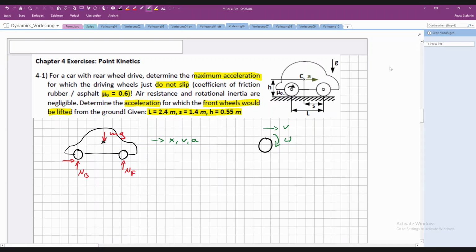In this case, slipping would be that the wheel rotates faster than the car translates. And that's why we should draw the force of friction opposite to the direction of translation.